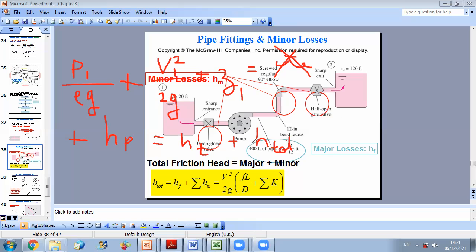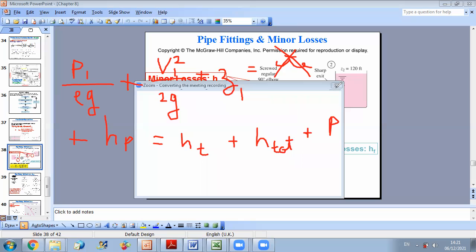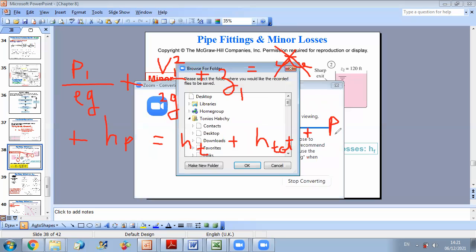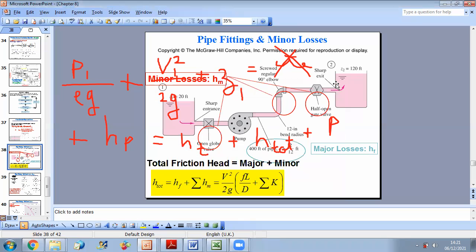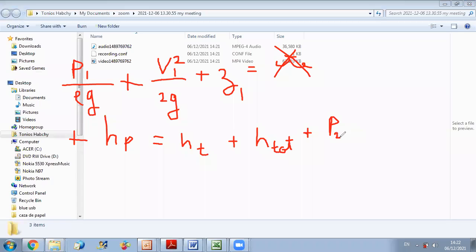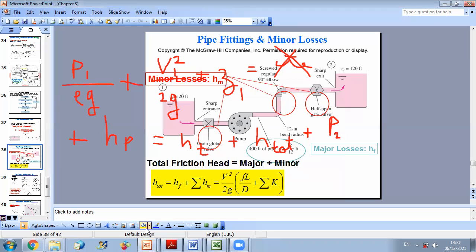I will tell you why I put H total now. Plus P2 over rho G plus V2 square over 2G.